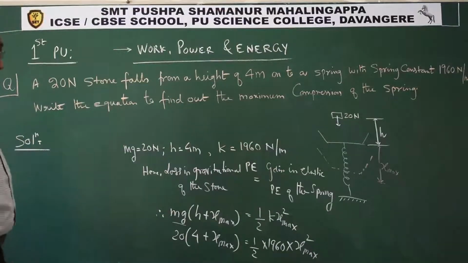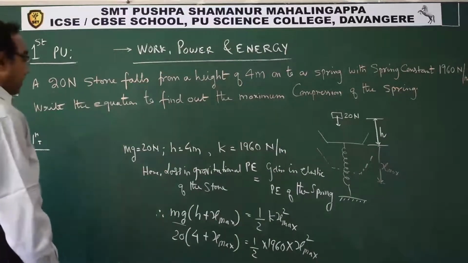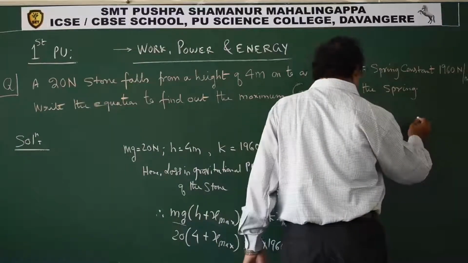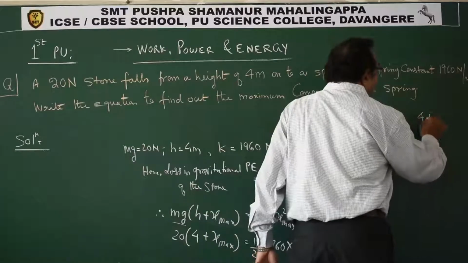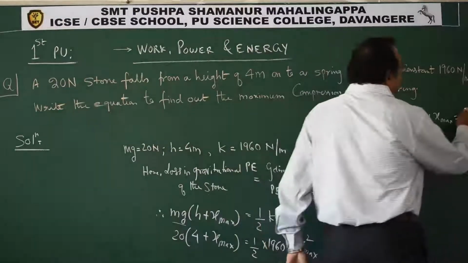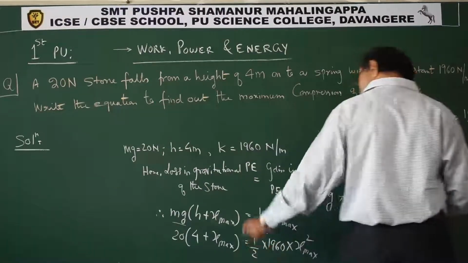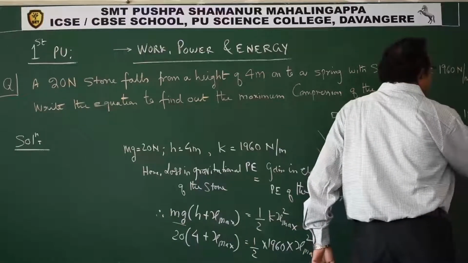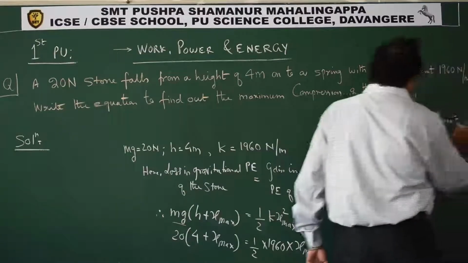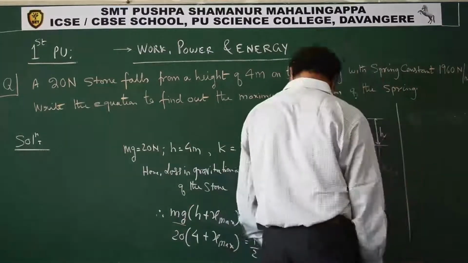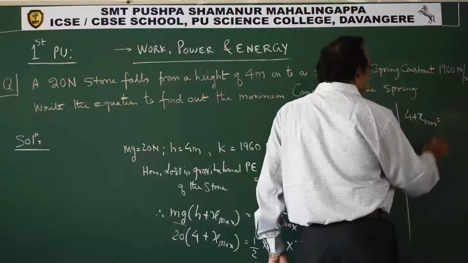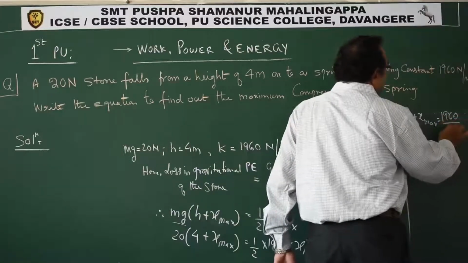So what will be the equation now? You can always simplify this. So this is 20 times 4 plus x. This is equal to, 20 will come to the down, so 1960 upon 40 times x square.